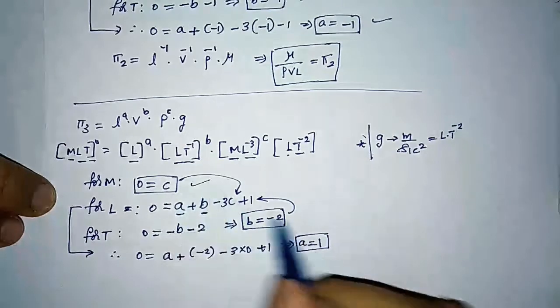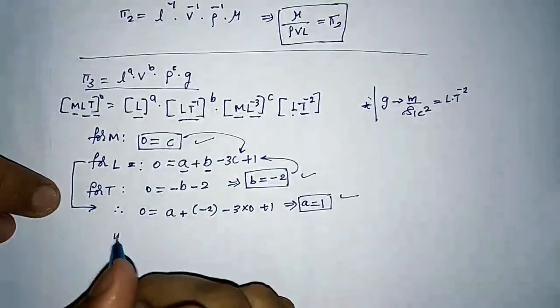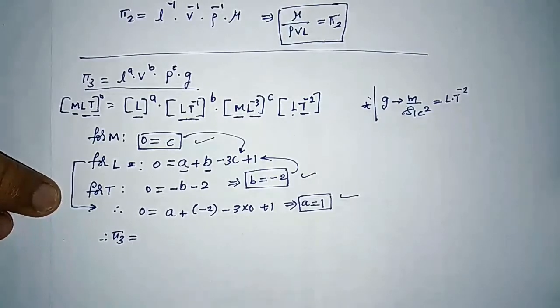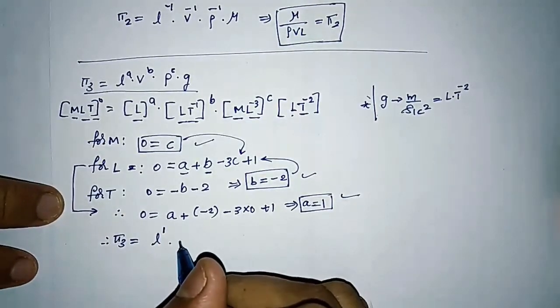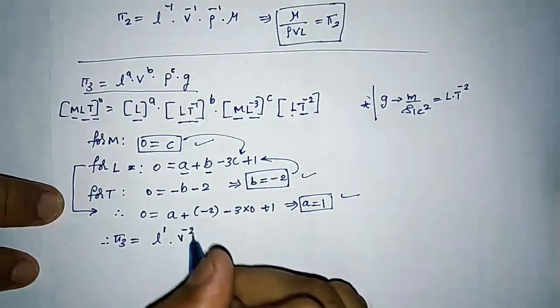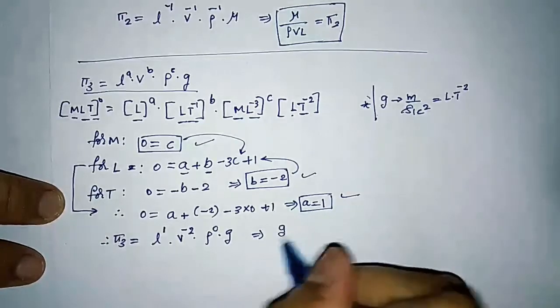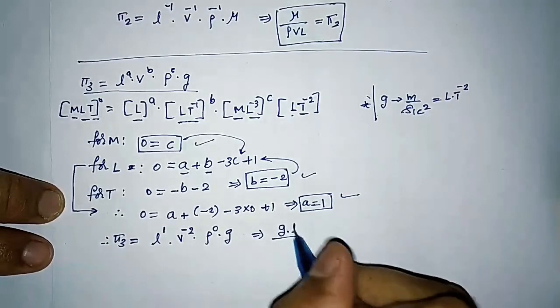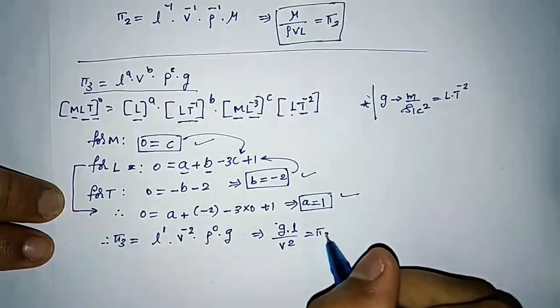Now substitute A, B, C values in pi 3 equation. So pi 3 is equal to L raised to 1, V raised to minus 2, and rho raised to C is 0 into G. So you can write final equation as G L by V square, that is pi 3.